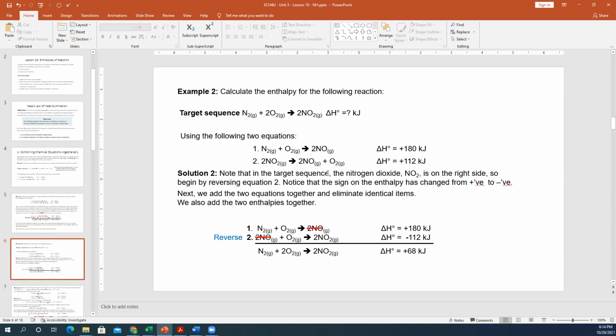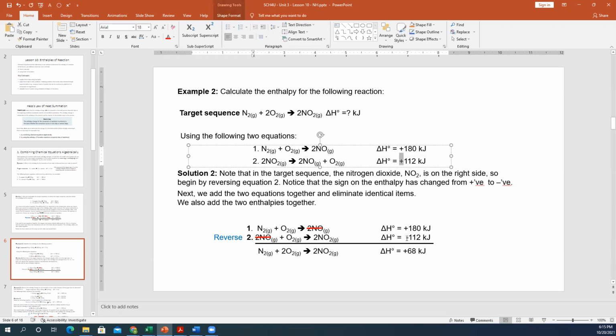So for example, in these two equations, we can take the first equation and keep it as it is, and we can reverse that second equation so that we have 2 nitrogen oxides plus an oxygen molecule goes to 2 nitrogen dioxides. And when we do this rearrangement, obviously we will remember that because we reversed it, we are going to reverse this sign as well.